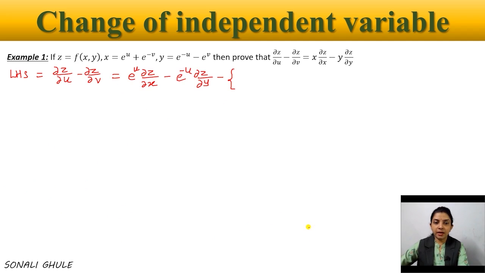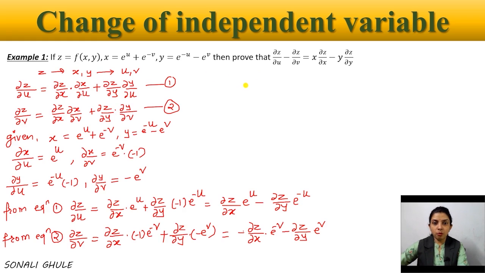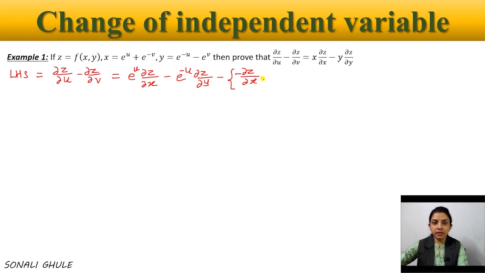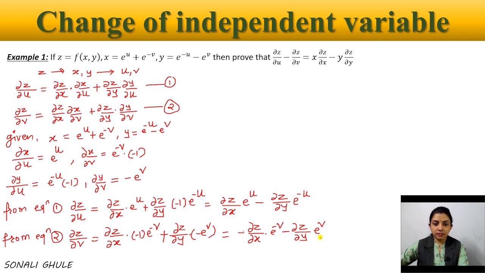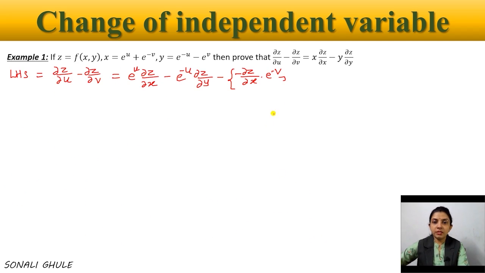Yes, this one I have to write minus dou z by dou x into e to the power minus v minus, see this one, dou z by dou y, right, into e to the power v.